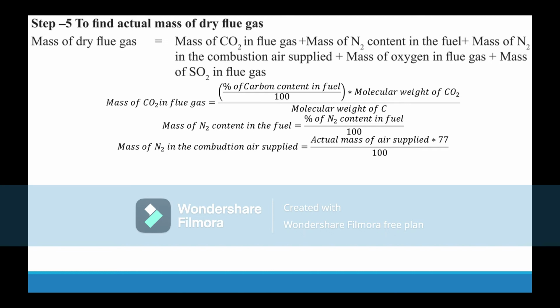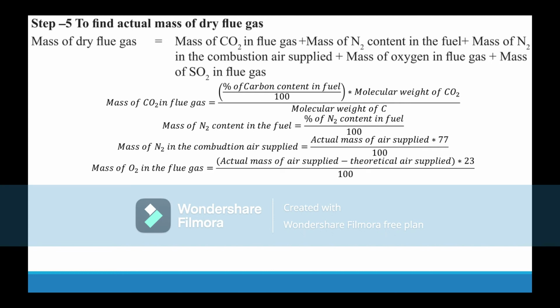Then the mass of O2 in flue gas: the theoretical air having oxygen is completely used for combustion. Then the difference between the actual mass of air supplied minus the theoretical air supplied, having oxygen only, escapes from the boiler.